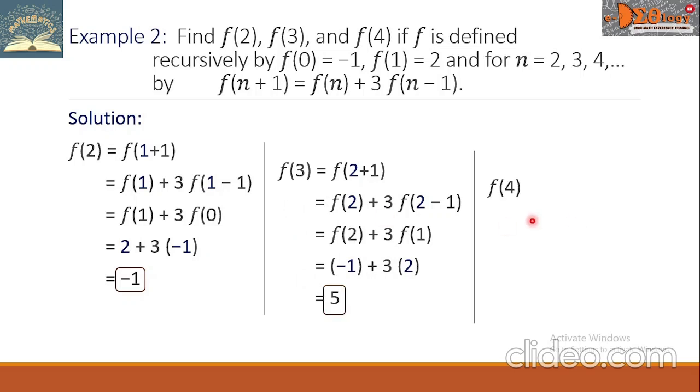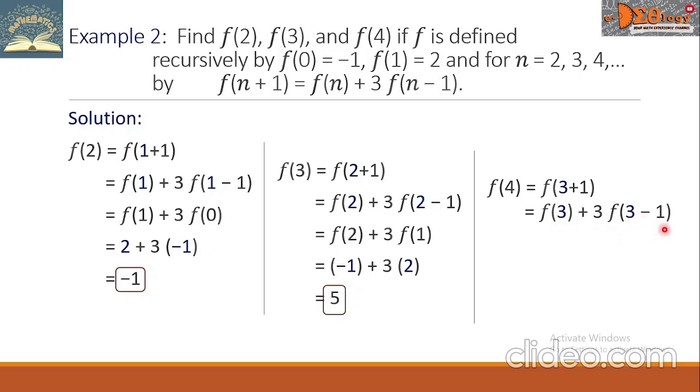Let's proceed with f of 4. Considering our f of n plus 1, we rewrite f of 4 as f of 3 plus 1, which means the value of n is 3. Let us rewrite this value based on this right-hand side. We have now f of 3 plus 3 times f of 3 minus 1.